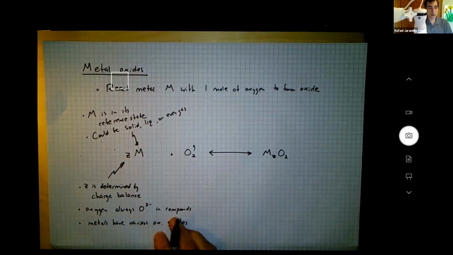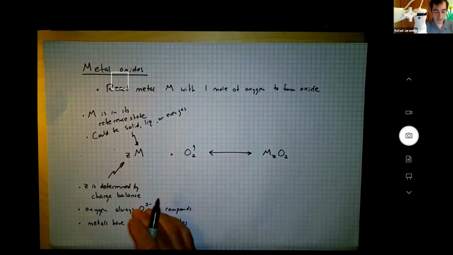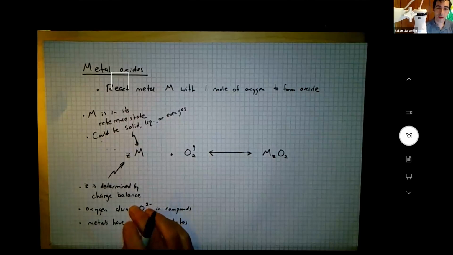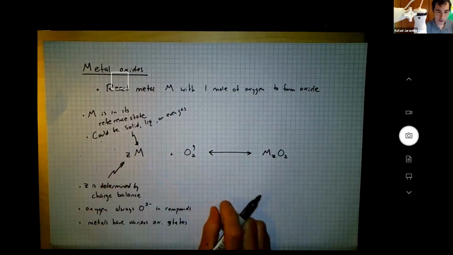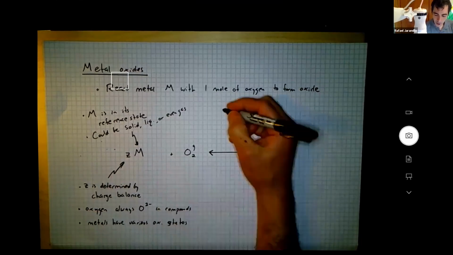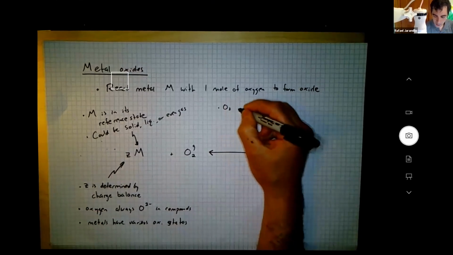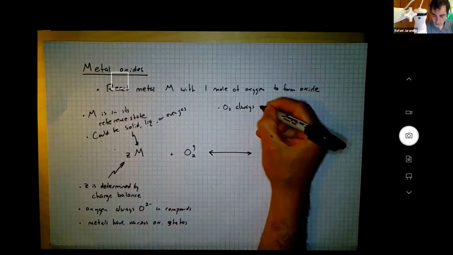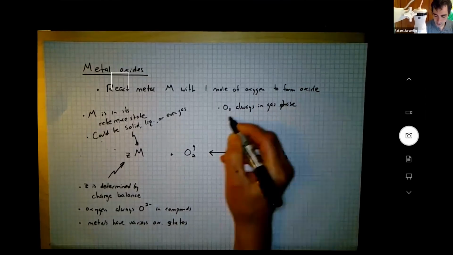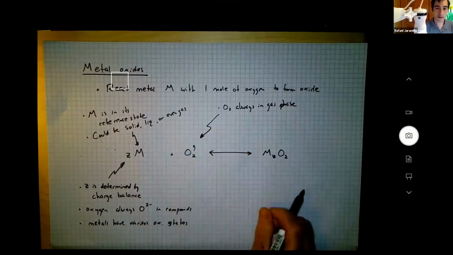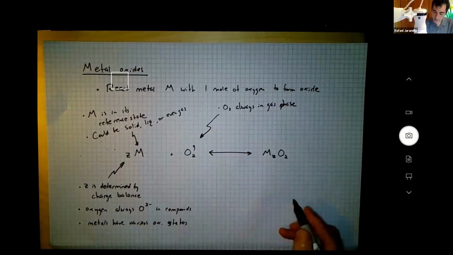Oxidation of metals at low temperature, the metals are solid unless it's gallium or mercury. Oxidation of metals at high temperature, a lot of them are molten, right? So this matters for high temperature electrochemistry. Oxygen is always in the gas phase. We're not talking about low temperature physics here.